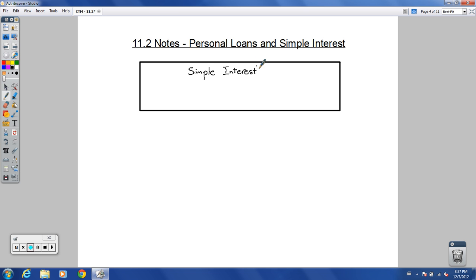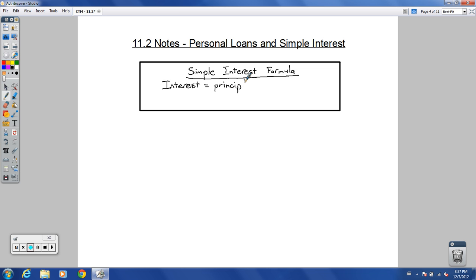But simple interest formula. I'm boxing this in with a big box because this is pretty much the most important thing in this whole lesson, that you know this simple interest formula. The formula is just this: interest, so the amount of interest on a loan, and we're talking about personal loans here, is going to equal the principal.